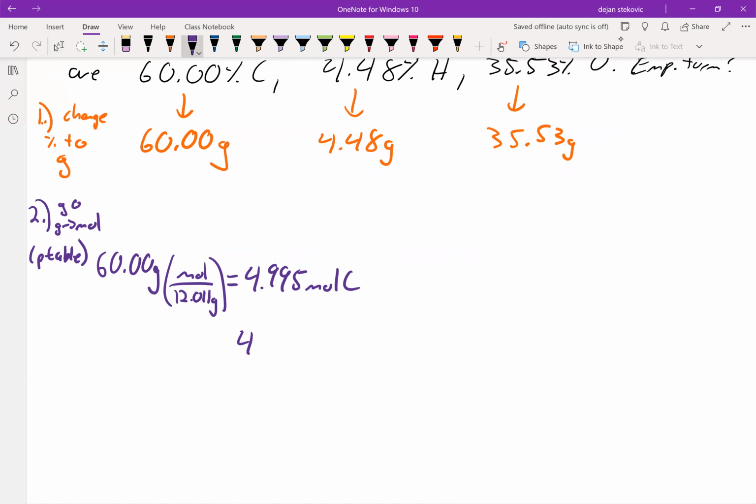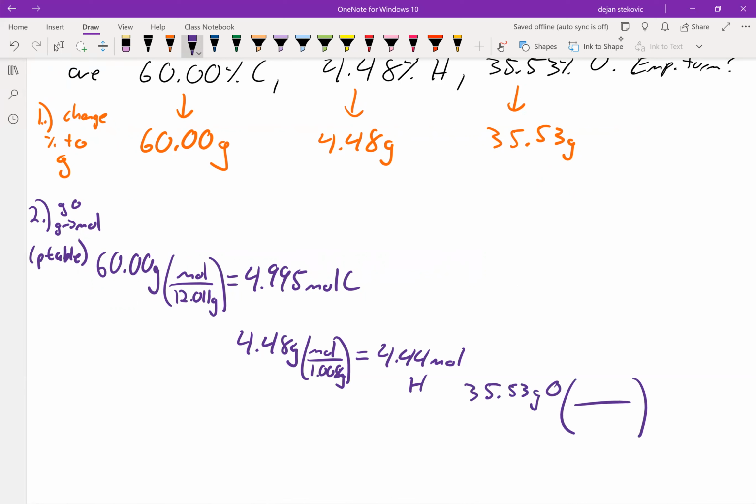So for hydrogen, we have 4.48 grams of hydrogen. We're going to use the molar mass, 1.008 grams per mole. Do the math, you get 4.44 moles of hydrogen. And do the same thing then for oxygen. You have 35.53 grams of oxygen.